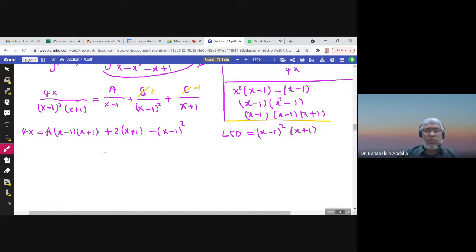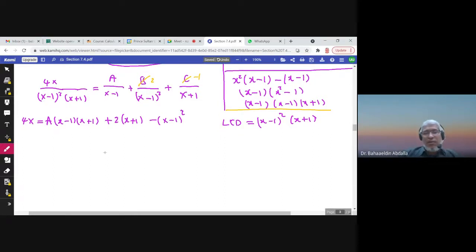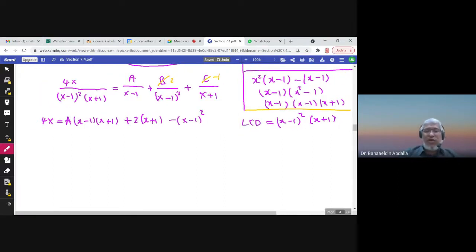Now here, the easiest way to find a is to replace x by any number you like. Of course not 1 and not -1, other than the zeros, because we used them to find b and c. So put x as 0, put x as 2, whatever you like.